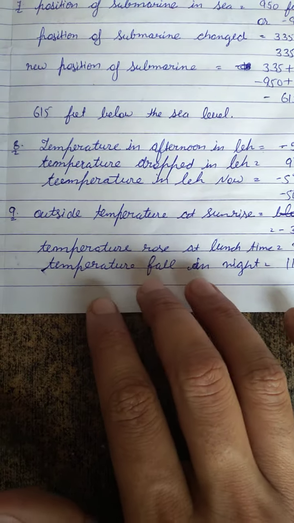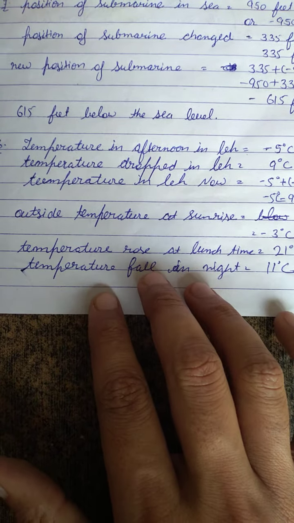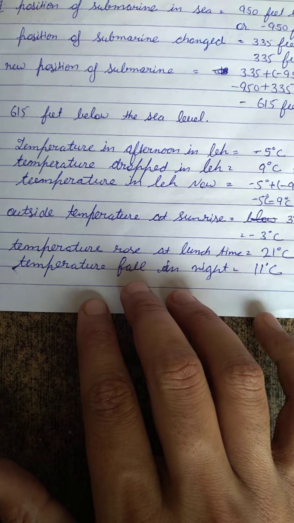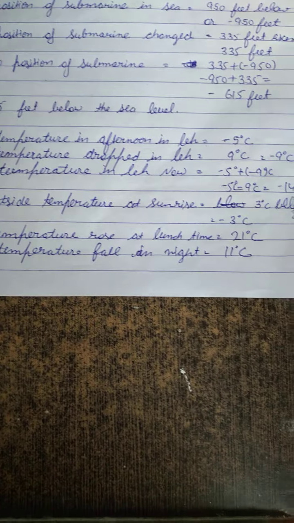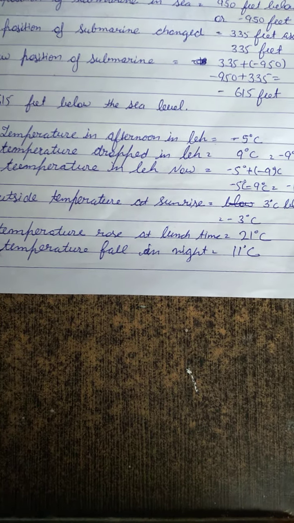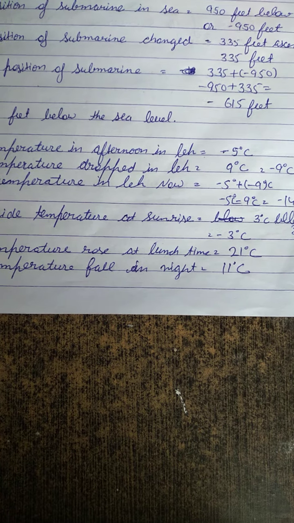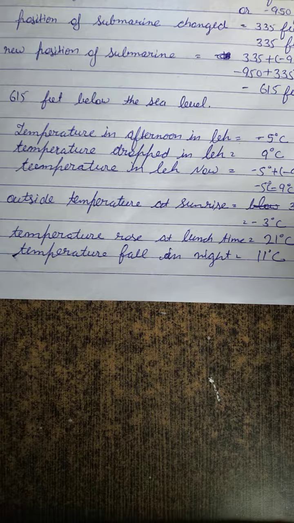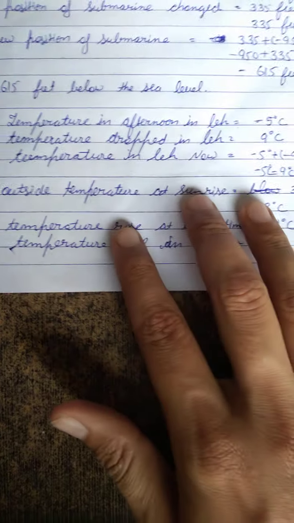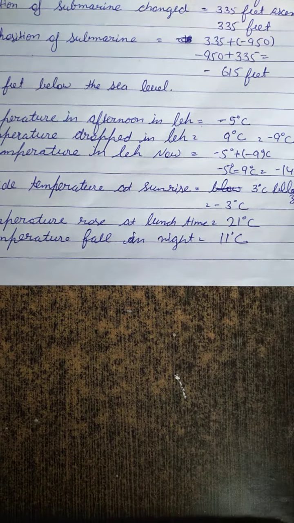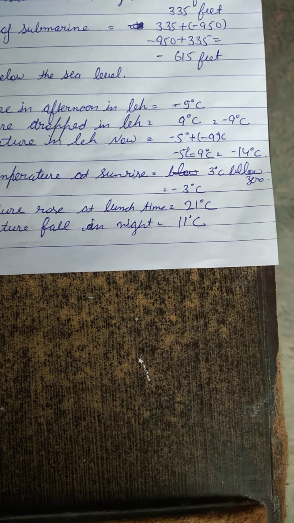So in the eighth question, the temperature in a lake is given, that is minus 5, and at night the temperature dropped by 9 degrees. When the temperature drops, it means the temperature goes in the minus form, or you subtract from the given temperature and get the answer. So temperature in the lake now is minus 5 plus minus 9, or minus 5 minus 9, simply minus 14.